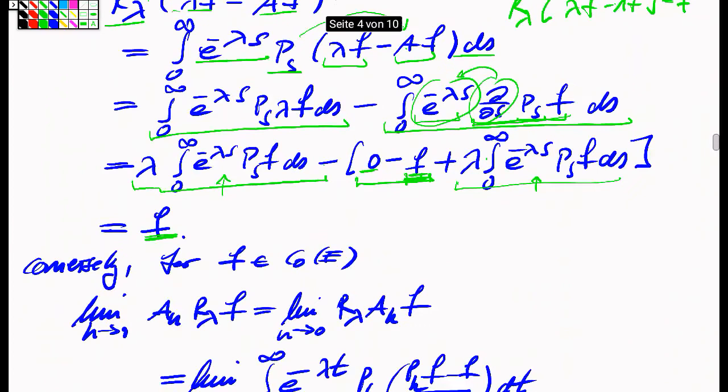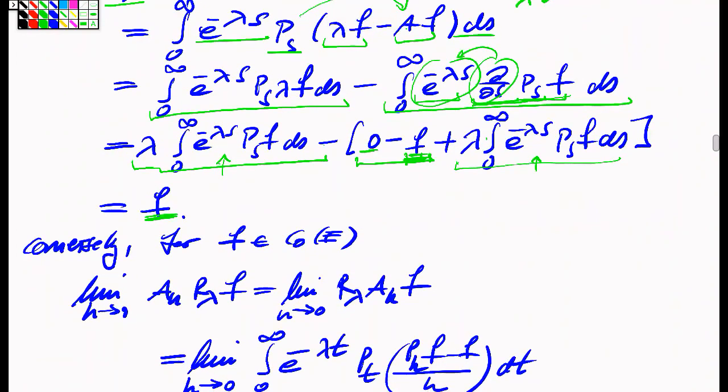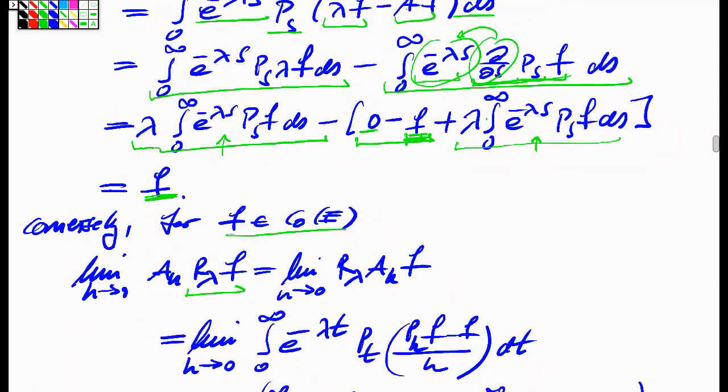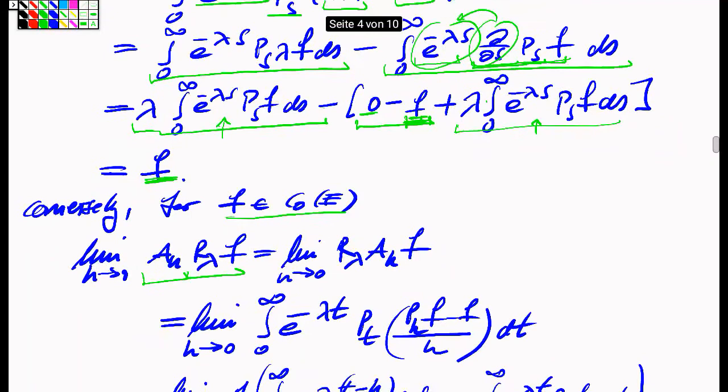And conversely, if we now would like to show that this operator lambda identity minus A is the left inverse for the resolvent, we take an arbitrary function from our function space, we apply the resolvent to that function, and we want to apply the operator A, and since we want to be a little cautious, we do not apply the operator A, but we apply the difference quotient approximation of the operator A.